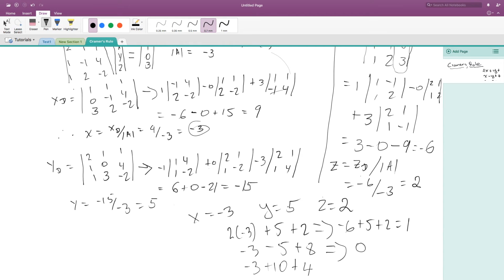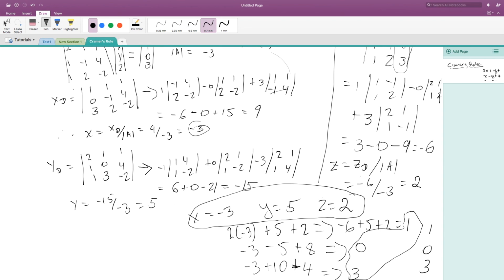Sorry, minus 4. So minus 3 plus that plus 10 is 7. Take away 4, 3. So you see we get these values. We have 1, 0, 3. So therefore, these values are correct.